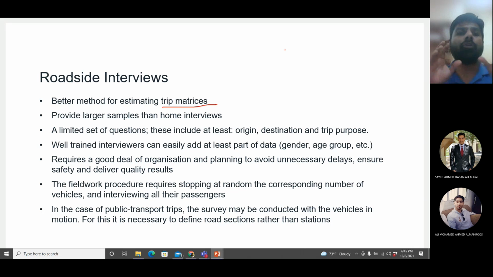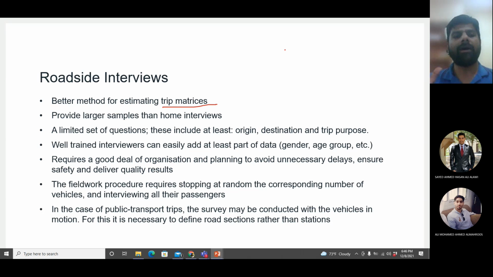So if you are only focusing on origin destination data, from where the people are coming and where they are going, then roadside interviews are more efficient as compared to household interviews. Obviously you are doing it on the side of the road, so you will collect more samples in less time.